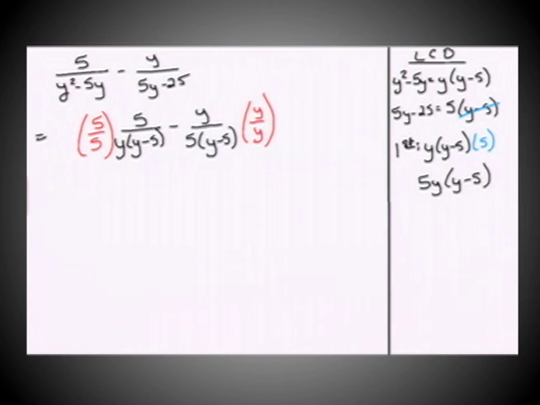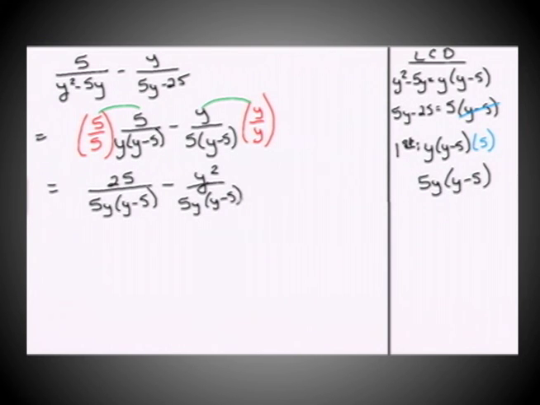All right, moving along, you actually do the multiplication, and put it over what is now your common denominator. So this first expression gives 25 over 5y times y minus 5 minus y times y is y squared over 5y times y minus 5. And putting our numerators over our common denominator, we're subtracting the numerators.